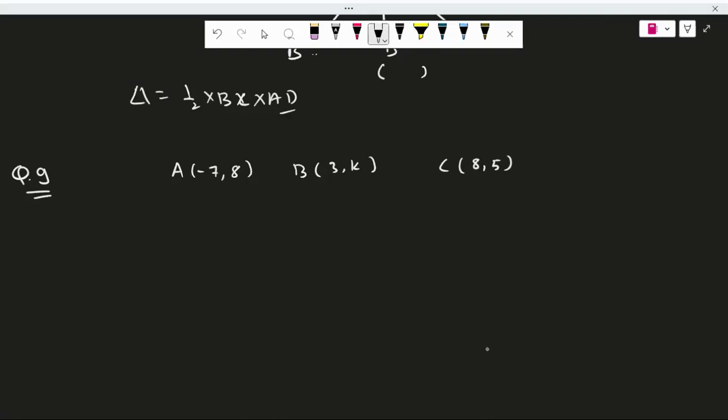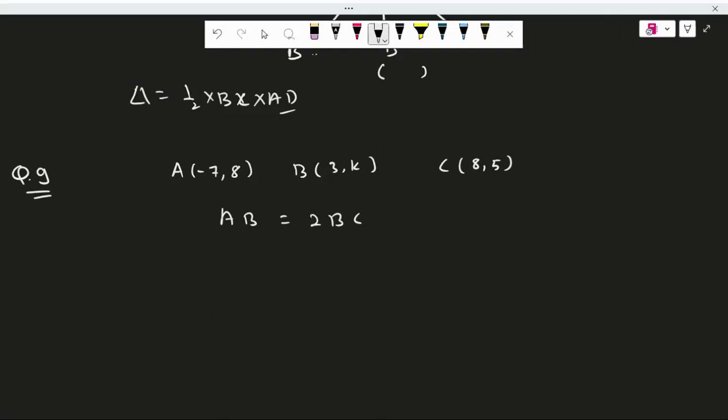Given that AB equals 2 times BC, find the value of k.